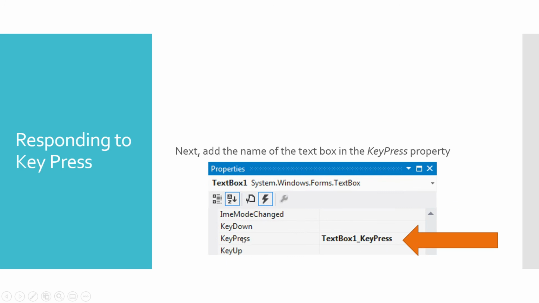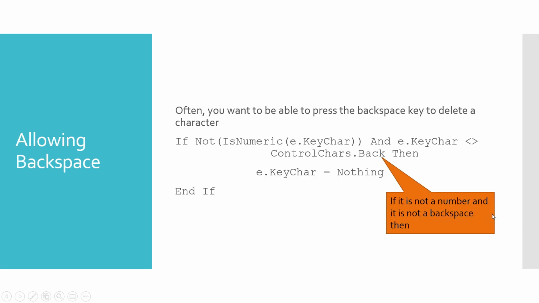And then we go into this field here and add the name of the text box key press, which in this case is TextBox1_KeyPress. Normally that would be txtUsername, for example.